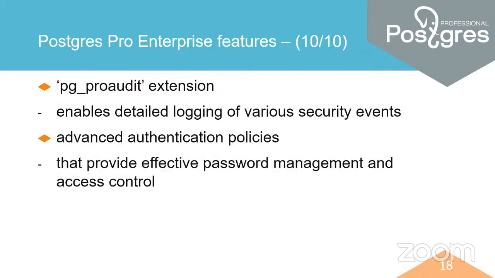And the new features which are included in the latest version of both Postgres Pro Enterprise and Standard are enhanced security features. PG Pro Audit for detailed logging of various security events, and advanced authentication policies. They provide effective password management and access control in your database.